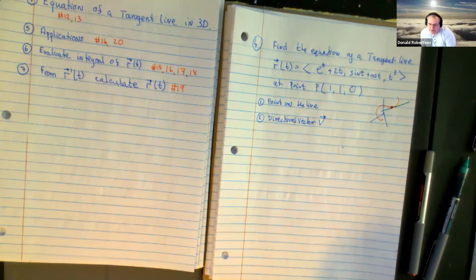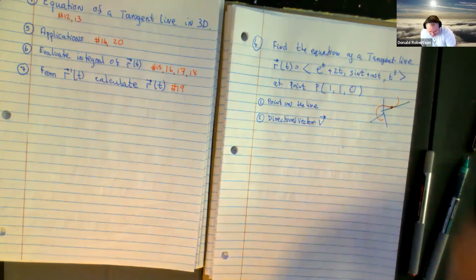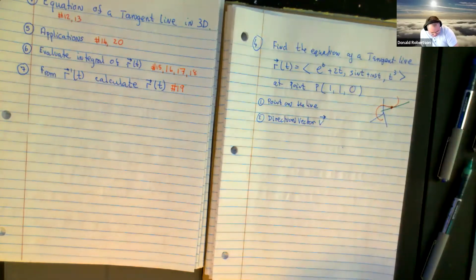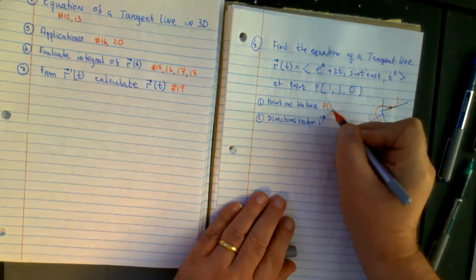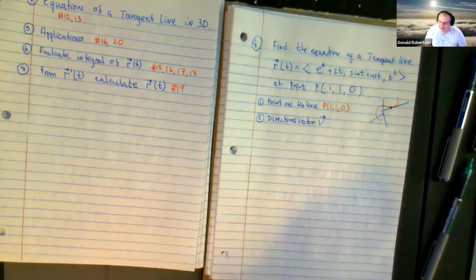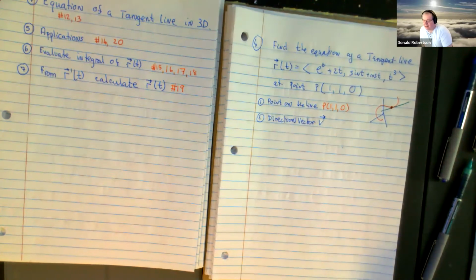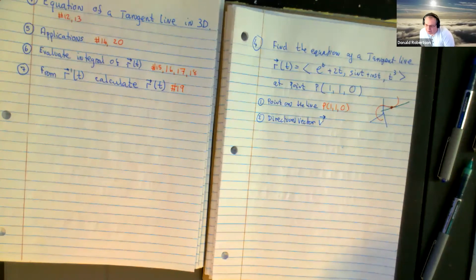So I need to find a point on that line. Don't overthink this one. Give me a point on that line. 1, 1, 0. Would you agree it's the only guy in town, so it probably is that guy? And it is that guy, isn't it? Now, what's going to be harder now is the direction vector. Now, in Calc 1, we would call that the slope of the tangent line, wouldn't we?